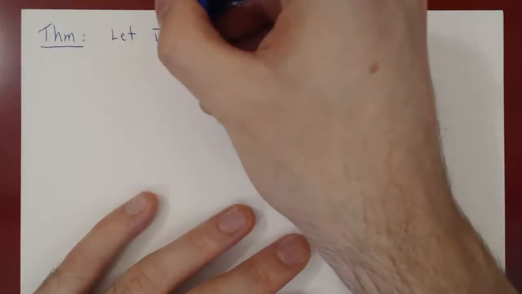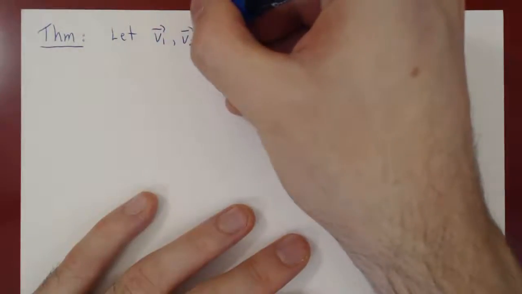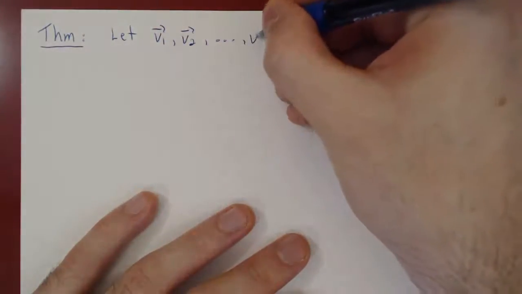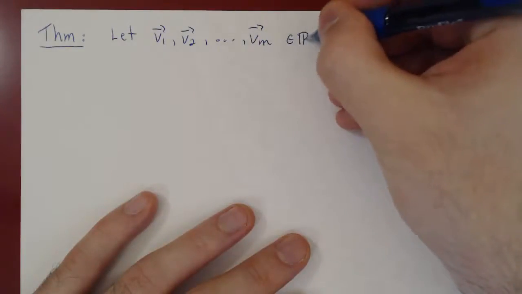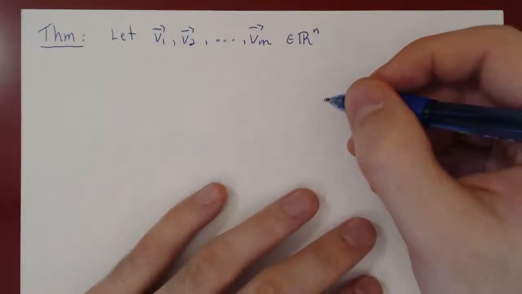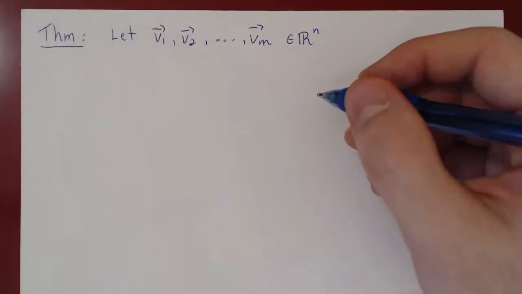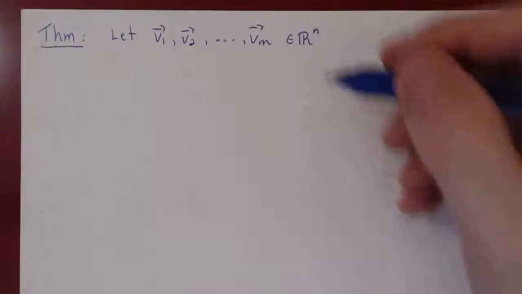So what was our conclusion? And this is what we'll call a theorem. Let V1, V2 through Vm be m vectors with n components, therefore vectors in Rn. And the key matrix here was the matrix A, where the columns of A were built from these m vectors.